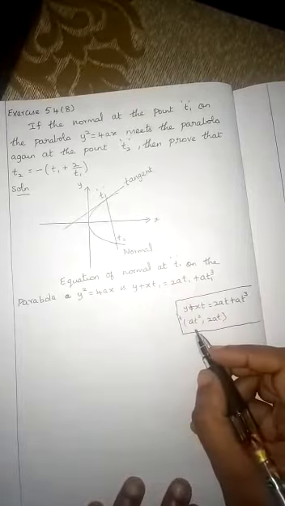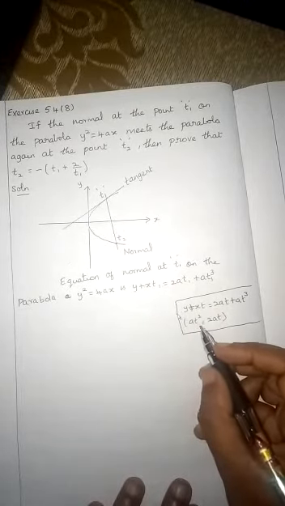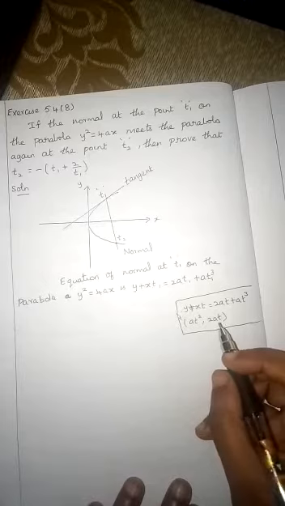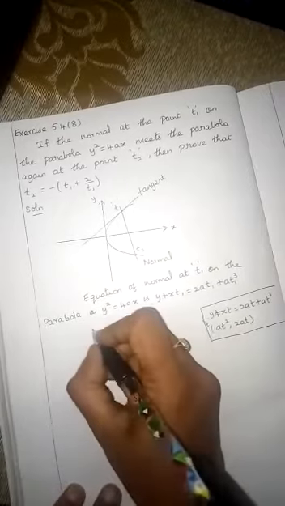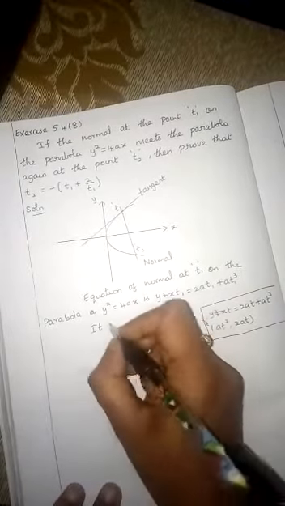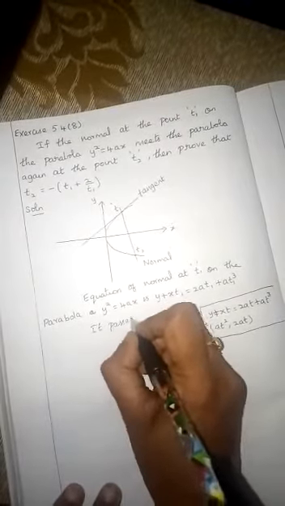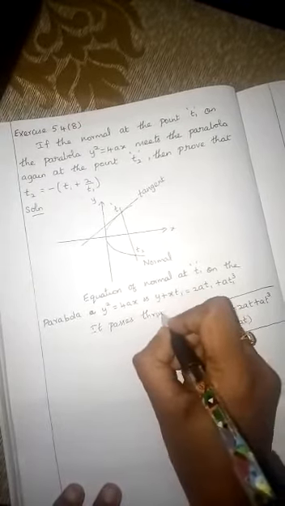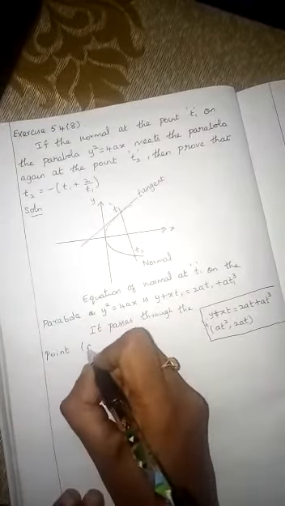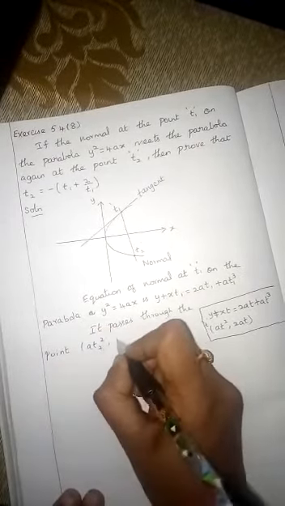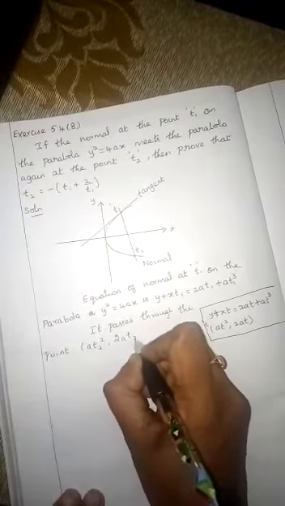So this point will become a t2 square comma 2a t2. Okay, so the point a t2 square comma 2a t2 lies on the normal, or this normal passes through the point a t2 square comma 2a t2.